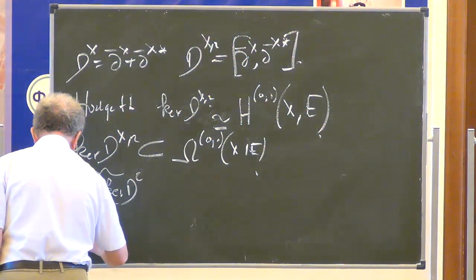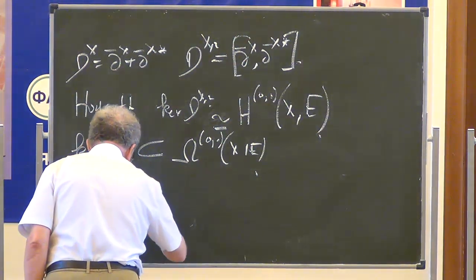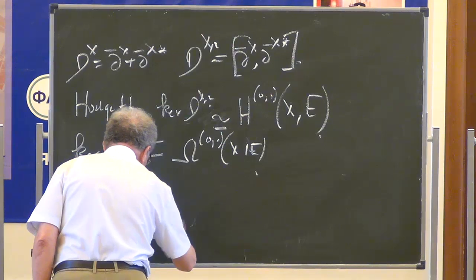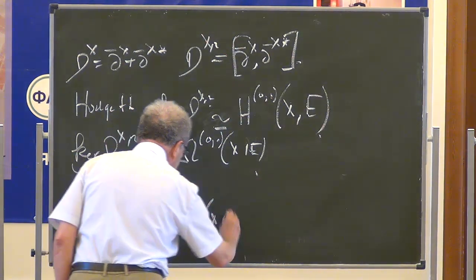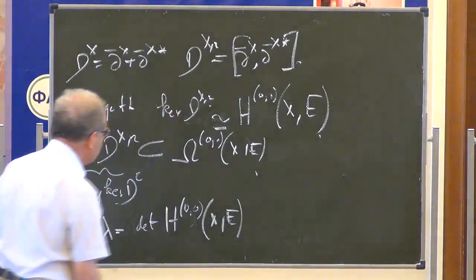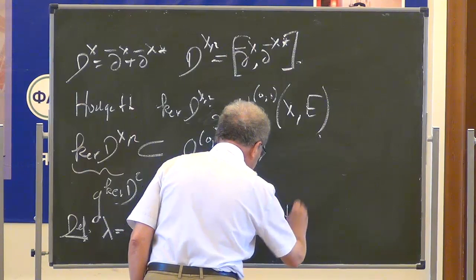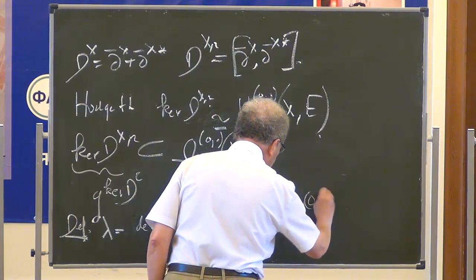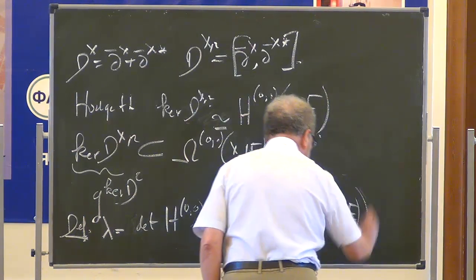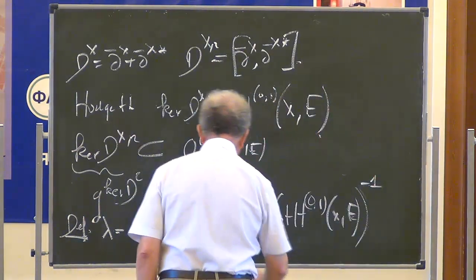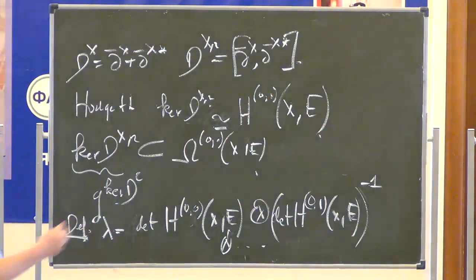So definition, I define λ to be the following complex line. It's an alternate tensor product, the determinant line of H^{0,0}(X,E) tensor determinant of H^{0,1}(X,E) to the minus 1, where minus 1 means the dual, tensor, etc. So that's an alternate product of complex lines.